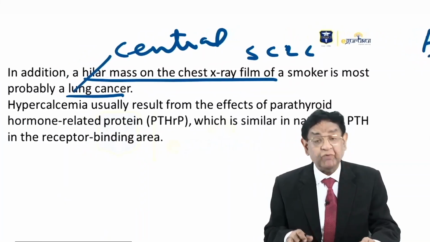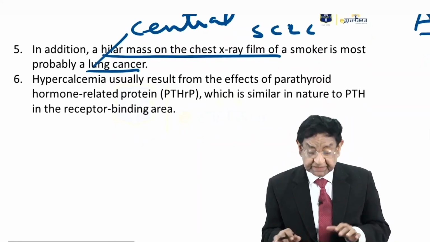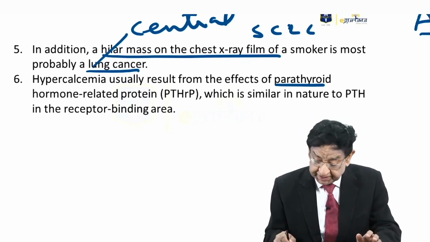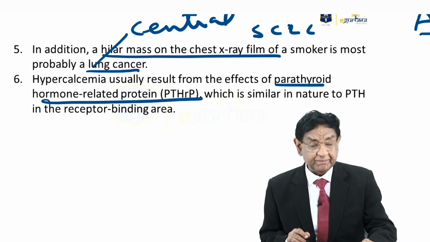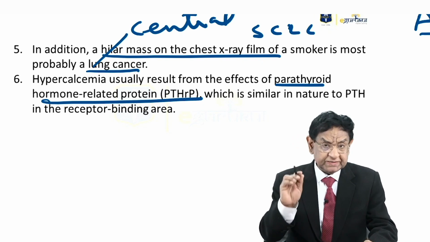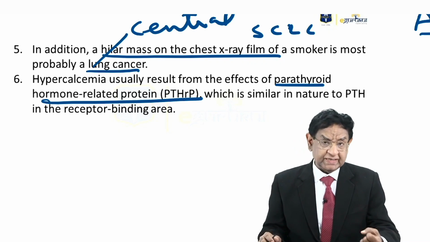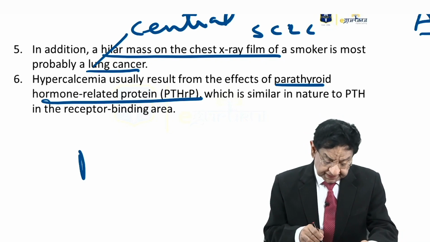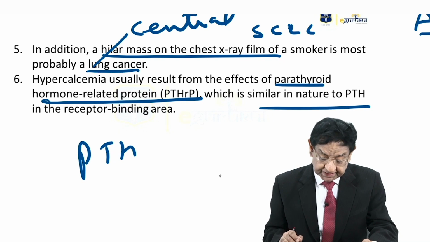Now why does hypercalcemia occur in these patients? Because these tumors secrete PTH-related protein or polypeptide. Point to be noted, it is a PTH-like polypeptide, a molecule which has exactly the same function as PTH. Same nature, same receptor binding.